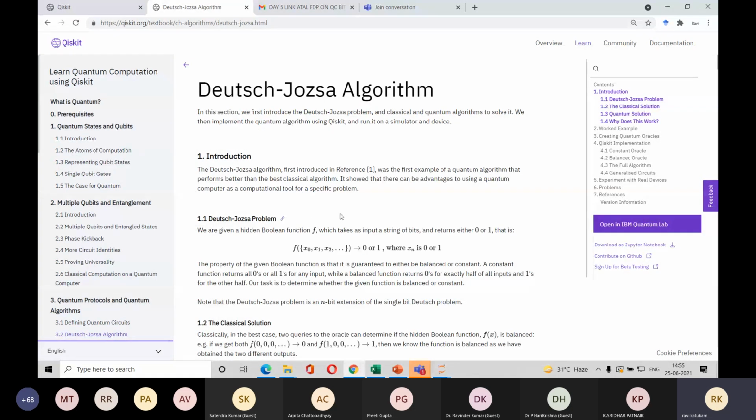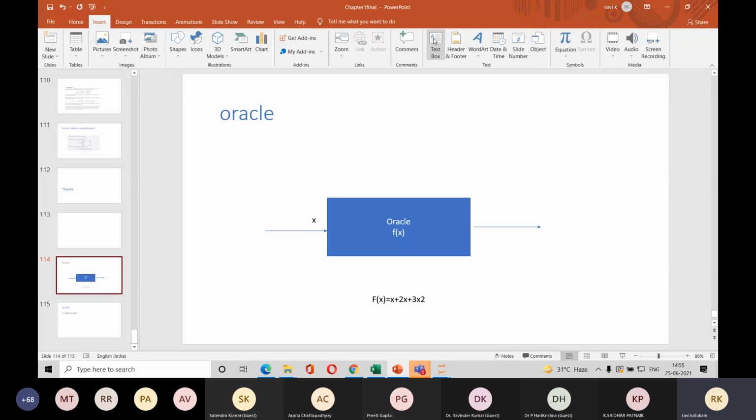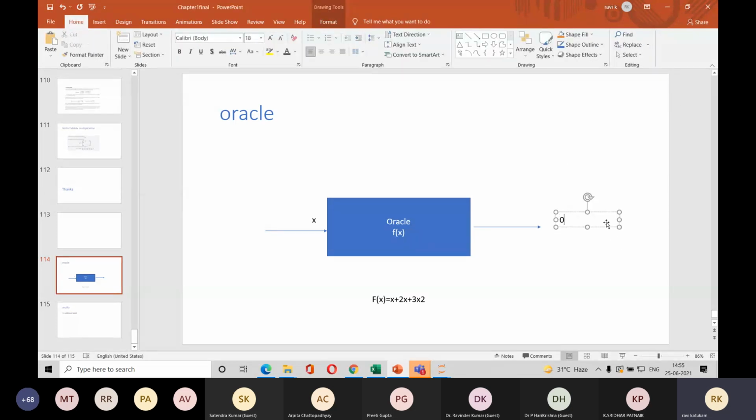It takes certain inputs and it throws out an output. This output is binary. What do we mean by binary? It can only throw 0 or 1.